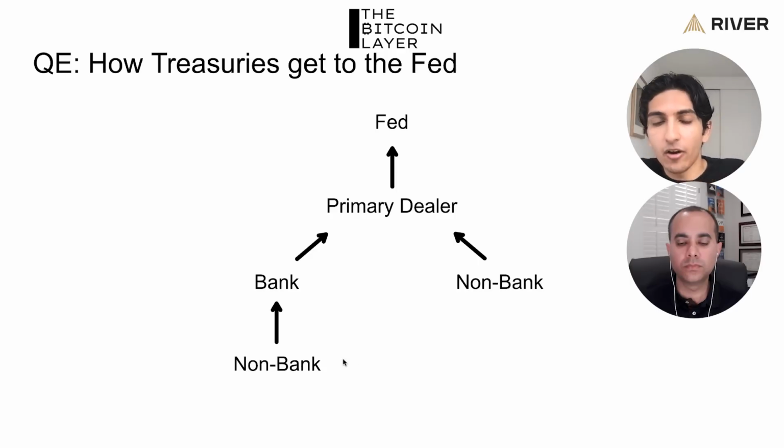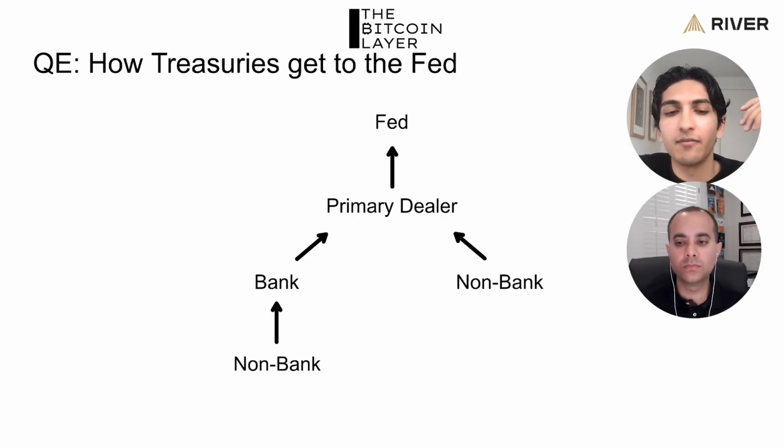So this kind of spells out the ways that the treasuries get to the Fed. You can start with a non-bank or a bank owning a treasury. The non-bank or the bank would have to sell the treasury to the primary dealer first. The primary dealer will have to buy it, and then the Fed can buy it off the primary dealer. And also, when a non-bank sells an asset, it's not trying to sell it to a particular party, just selling it into the open market, and the bank can be a buyer of that.